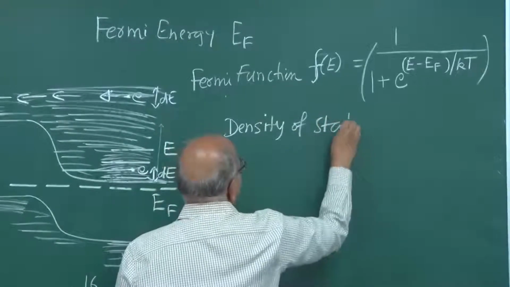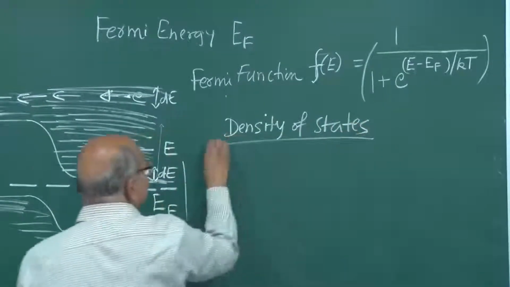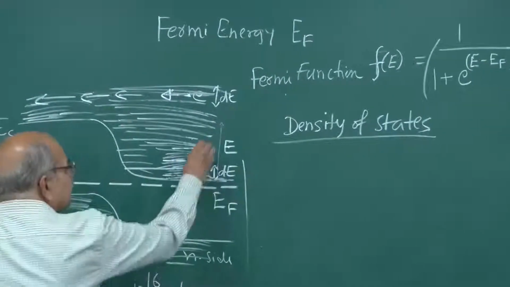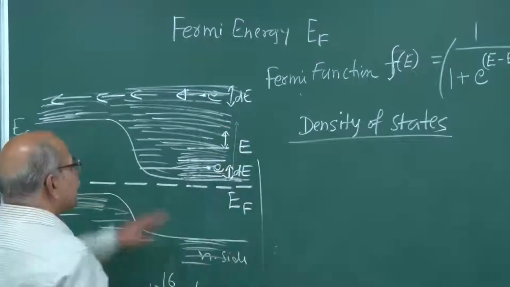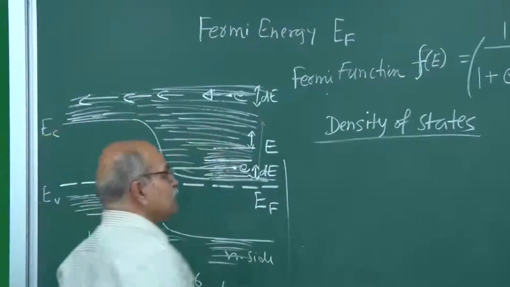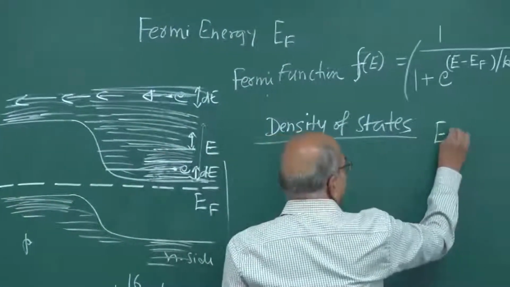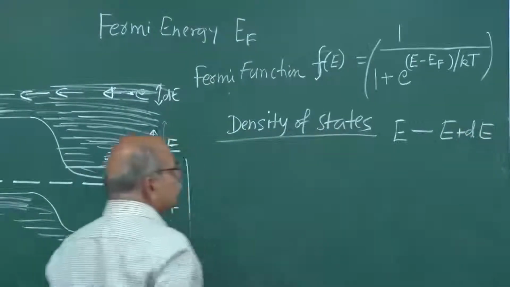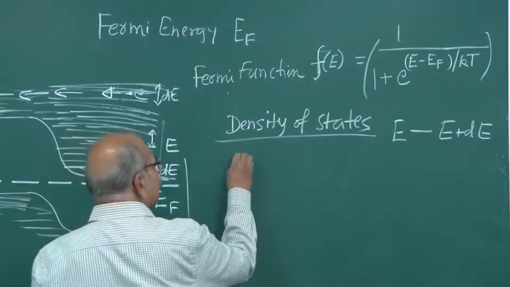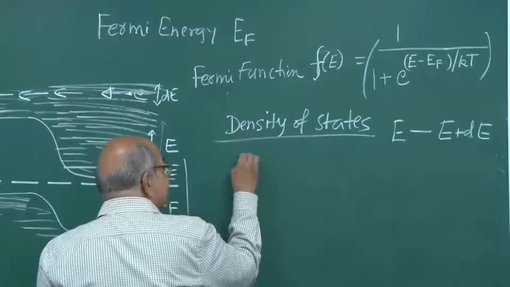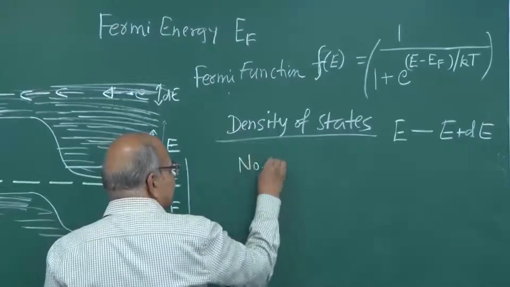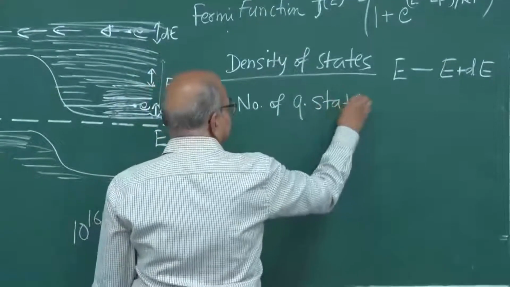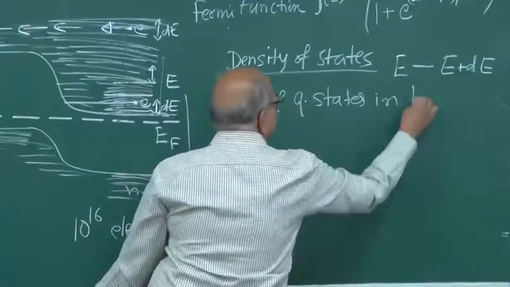This is another very important concept, density of states. What is this? You take some band, some energy width dE at some energy E, from E to E plus dE, and ask the question: how many quantum states are there in this dE?